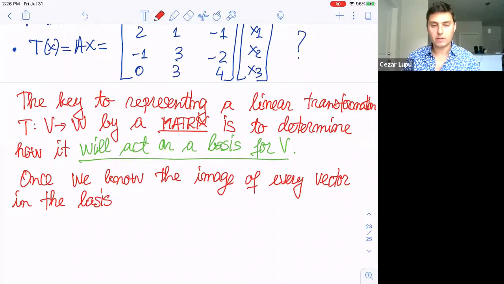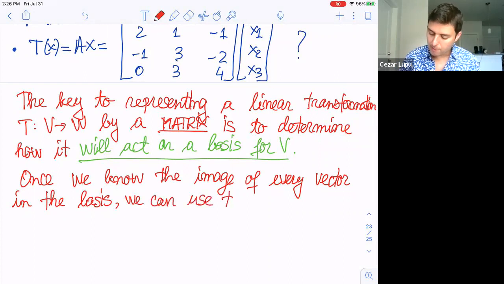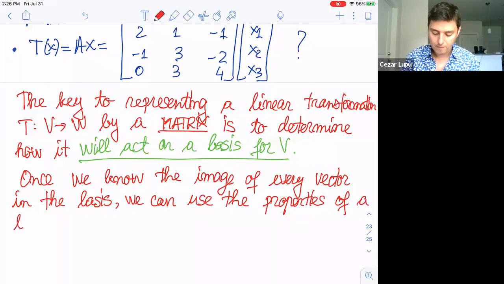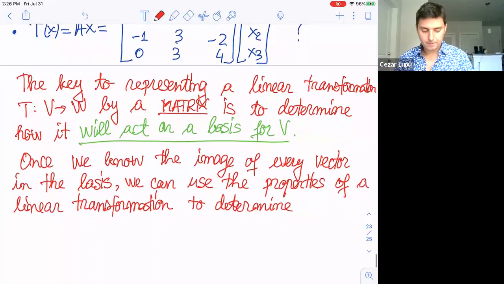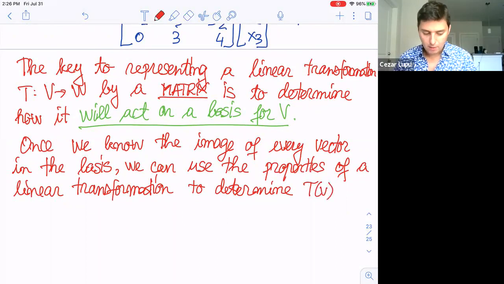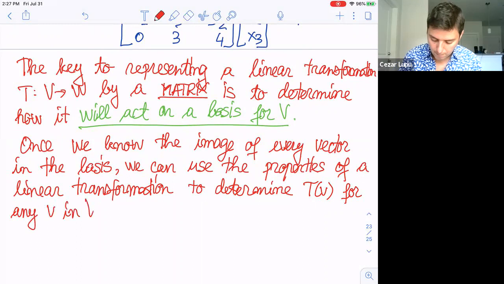So once we know the image of every vector in the basis, we can use the properties of a linear transformation to determine T of v for any v in V. Okay.